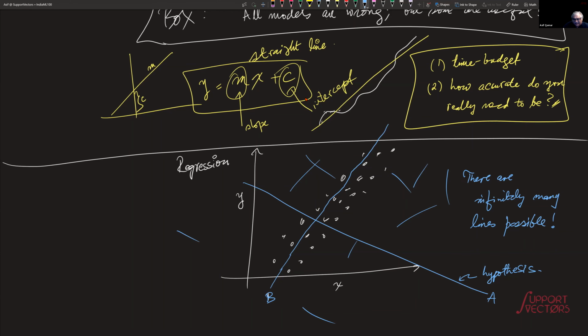If you can say that B is somehow better than A, and perhaps let's take another one, which is this one. C, what do you guys say about C? C is better than the other two because it is covering more data.